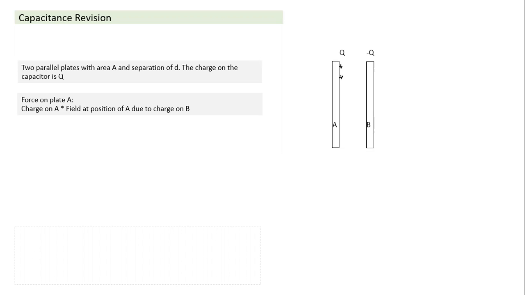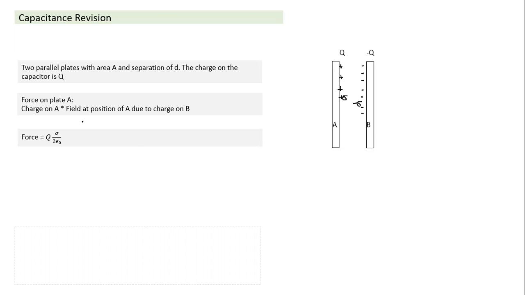So this surface will have a total charge of Q, or charge density of plus sigma, and this surface will have a charge density of minus sigma. These are the charge densities. And the charge will rearrange itself in the form of two sheets. So the force on plate A will be due to the force experienced by the charge on the surface here.